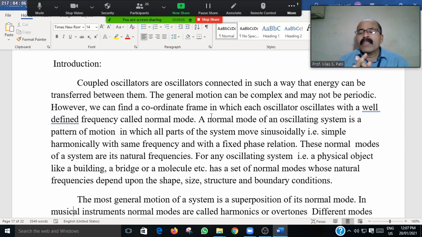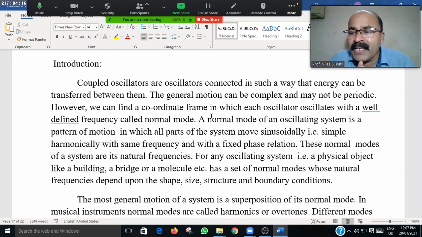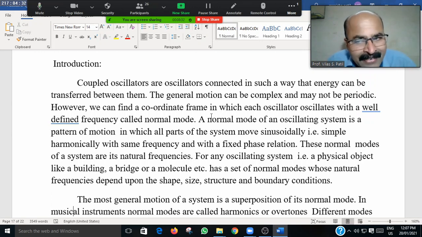Consider A and B as two oscillators, and if the energy of oscillator A is transferred to oscillator B, that system is known as coupled oscillators.